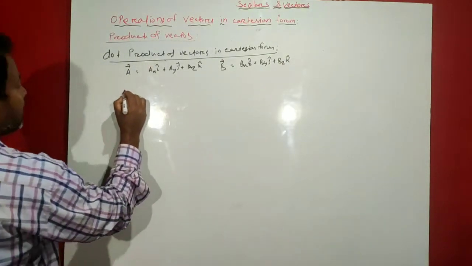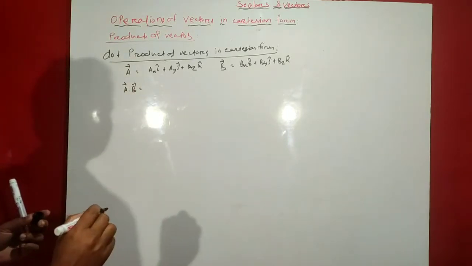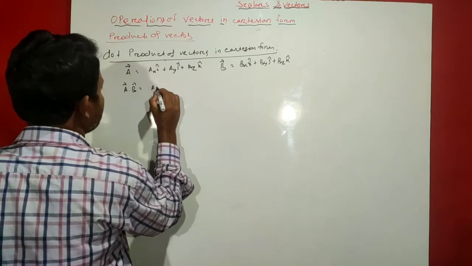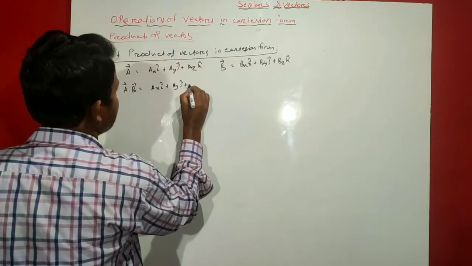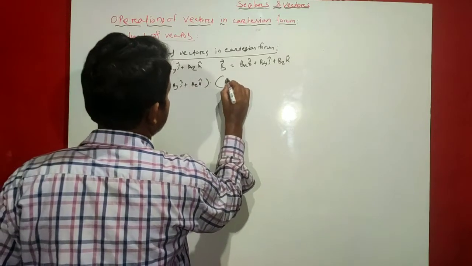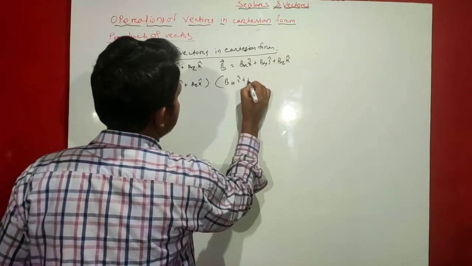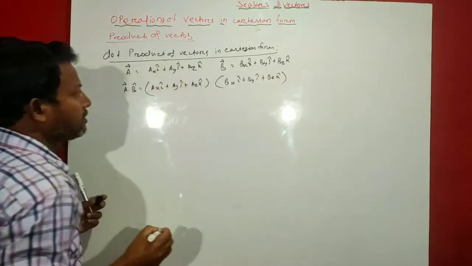Then a dot b will be ax i cap plus ay j cap plus az k cap dot bx i cap plus by j cap plus bz k cap.